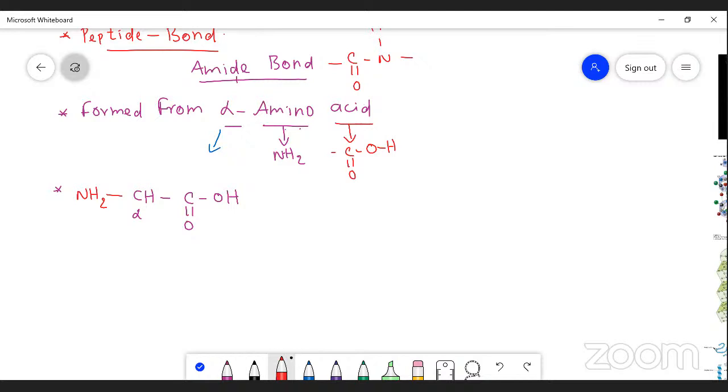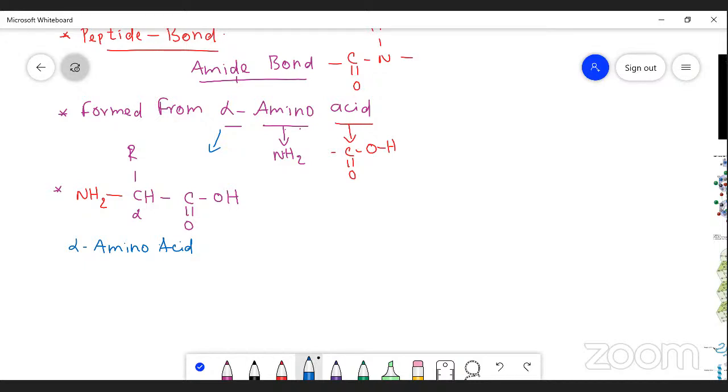The acid is the functional group, NH2 is a substituent, and there is an R group. Depending upon the R group, we get many amino acids. It is an alpha amino acid because the amino group is present at the alpha carbon.